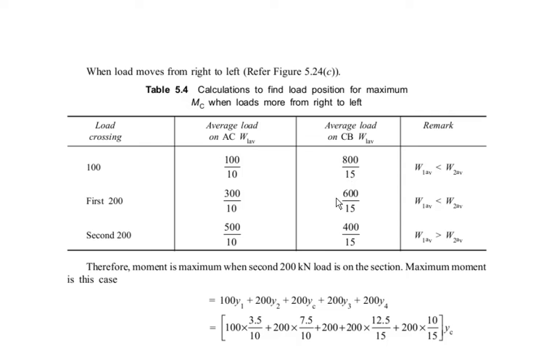So 200 plus 200 plus 200 divided by 15, the length of CB. So here also the remark is the average load on the portion AC is less than the average load on the portion CB. So the next load, we are making the next load also cross the section C, as there is no change in the remark.